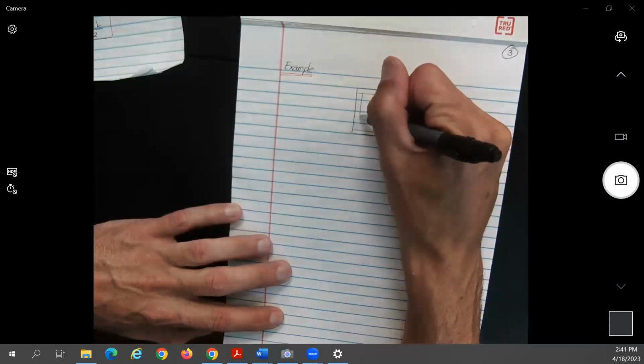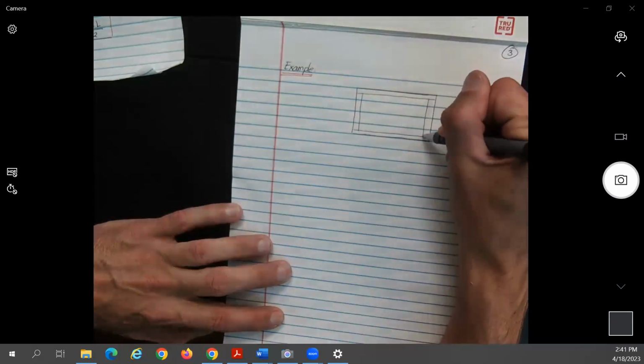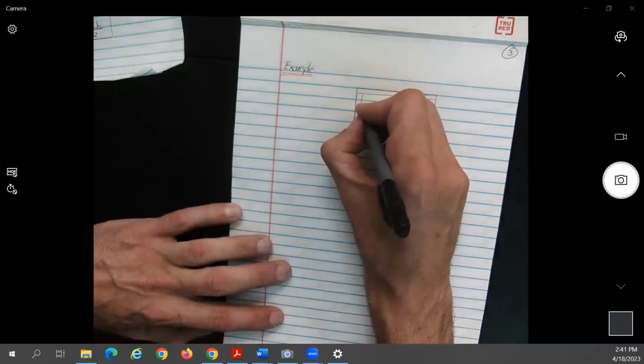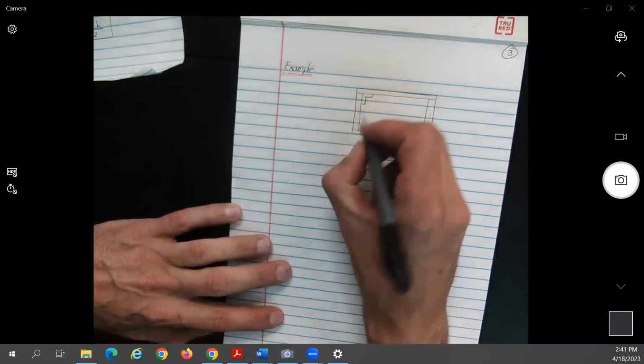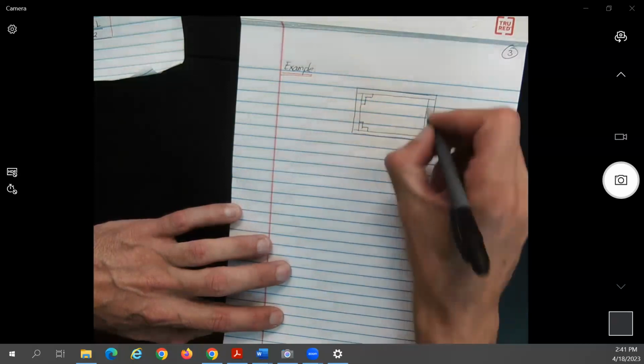So as before, this is made out of the 4 panels that we had before. But in addition to that, we're going to have here some corner stiffeners.